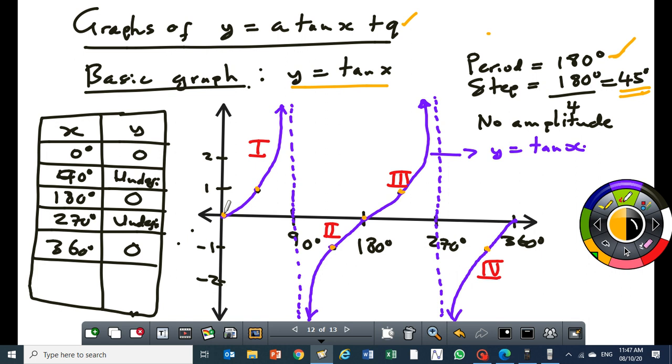In the third quadrant, tan is positive. The last one between 270 and 360, it's negative. The y values are negative because on the Cartesian plane or on the cast diagram, tan is negative in the fourth quadrant. So your quadrants, this graph here, it is based on the quadrants.